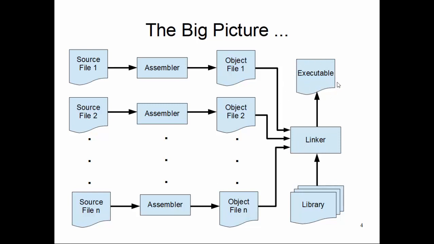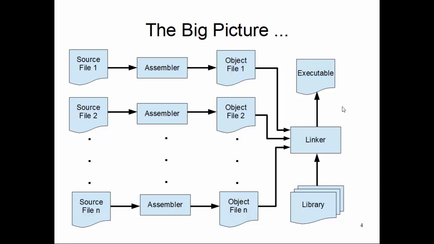So the executable has to be standalone in this process. It has to have all the information, all the instructions, all the machine code that is needed to be executed on a computing system. So it needs to pull out all the object files of your software program, all the object files that your program refers to, all the library functions it refers to, combine them, and make an executable.